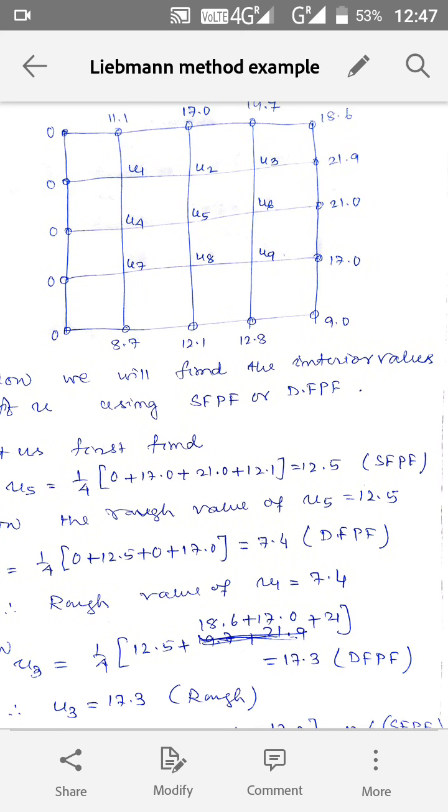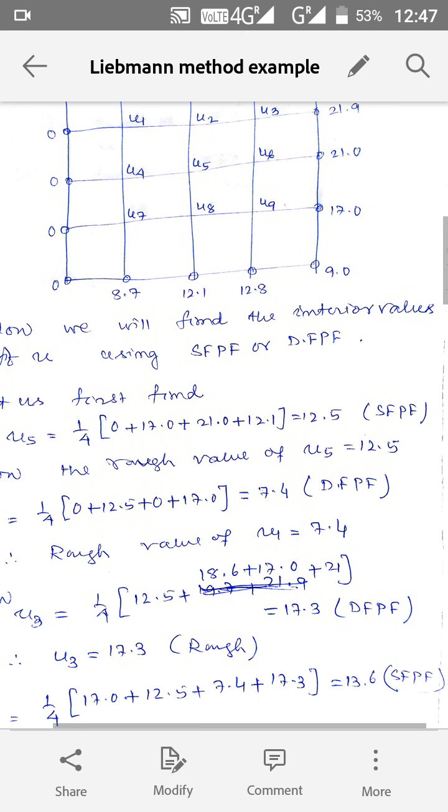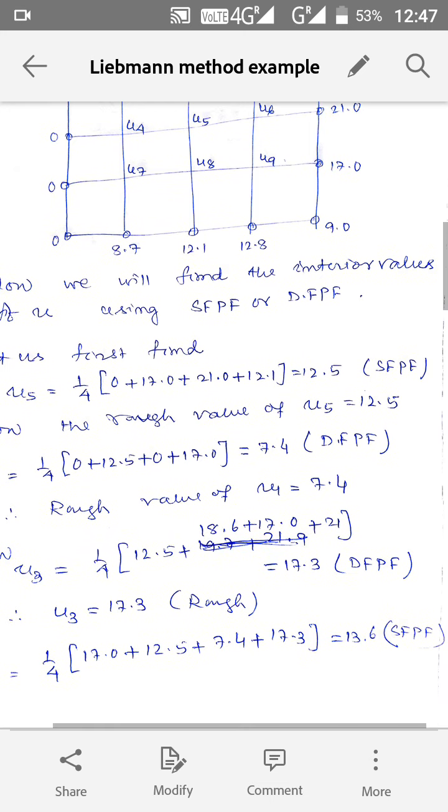So u5 will be nothing but 1/4 (0 + 17.0 + 21.0 + 12.1). If we simplify that, we will get 12.5, and that we got from the standard 5-point formula, and this is the rough value of u5. Now let us go for u1.